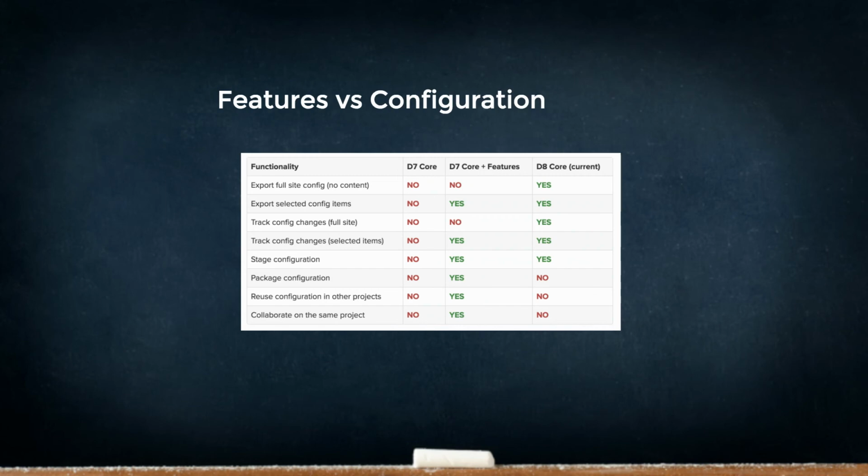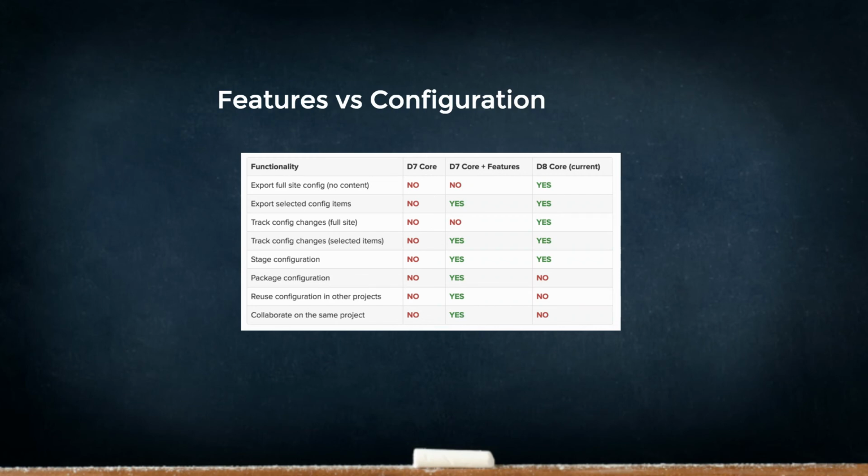Another no is reusing configuration in other projects. When I talk about environment, that means you cannot move configuration to a site that is not the same. You can move configuration between the same site, a clone of the same site.